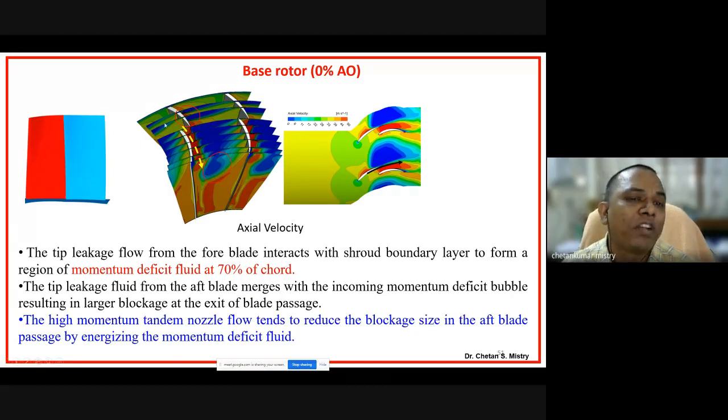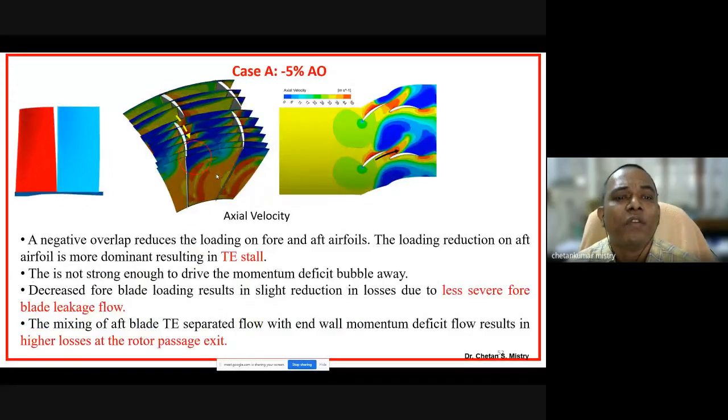So how is this separated flow coming? The separation is happening on my suction surface, and I have jumping of flow because of tip clearance. Here we have maintained a tip clearance of 3 mm. So you can understand a large tip leakage flow is coming out and rolling up here. Now, in order to address that, we tried with -5% overlap.